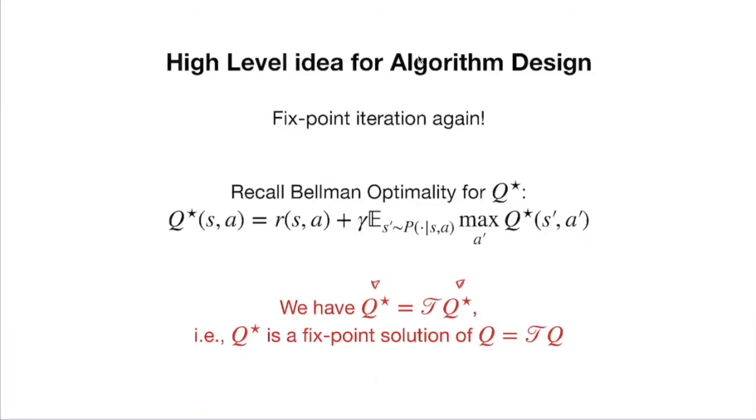Let me remind you again: we are expressing Q as a vector whose length is S times A, and every entry in that vector is the value measured at a particular state-action pair. Now we've convinced ourselves that Q star is a fixed point solution of this equation.